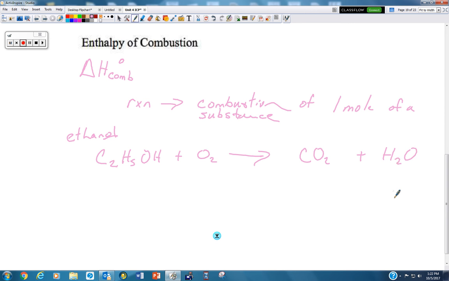The products are carbon dioxide and water. All right, so just so that we are clear, in a combustion reaction like this, when we're talking about enthalpy of combustion, since we're dealing with 1 mole, always, it is possible to have fractional coefficients in this as well, but I don't think this one ends up that way. So we get 2 carbons here, so I need 2 carbons there.